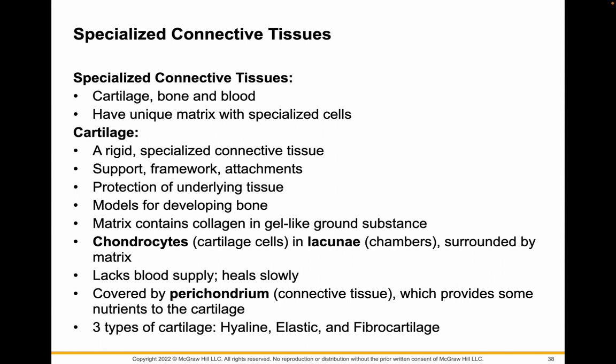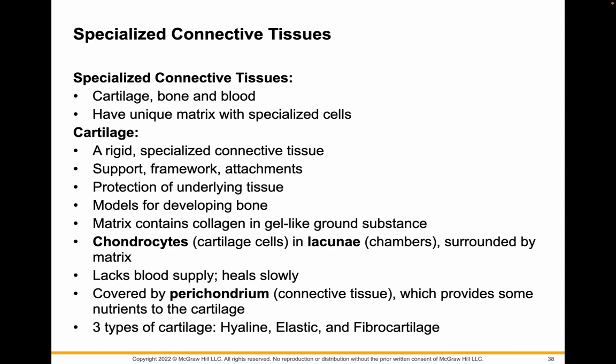For example, cartilage is a rigid connective tissue that allows a lot of support and protection, and it is what bone uses as a model. When you are an embryo, you have a cartilaginous skeleton, and that cartilage is over time replaced with bone. And so that's pretty neat also.